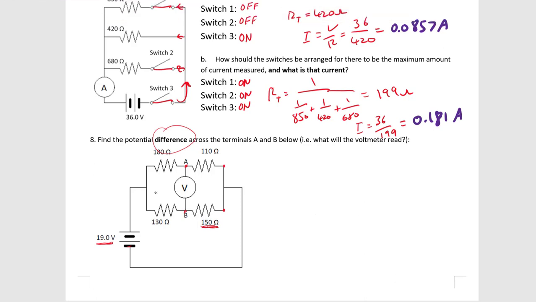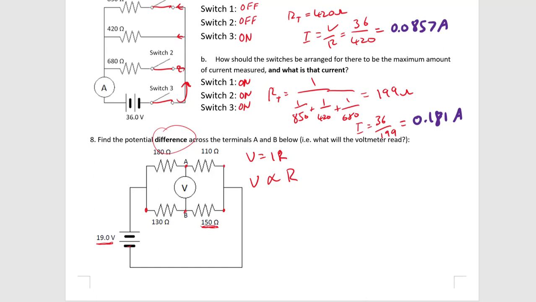So I know that between the 130 and the 150 ohm resistor, there is a potential of 19 volts, right? And I also know that the amount of voltage that each resistor soaks up, or how much voltage it takes up, depends on its resistance. We know that V equals IR, so we know that the voltage is proportional to the resistance. So what that means is, if I find out what the total resistance is between these two, and find out what portion of that this resistor takes up, that's the same portion of the voltage that it's going to accompany as well.